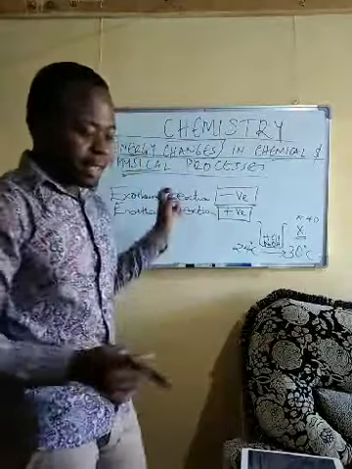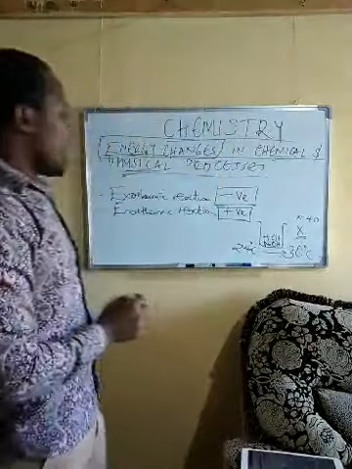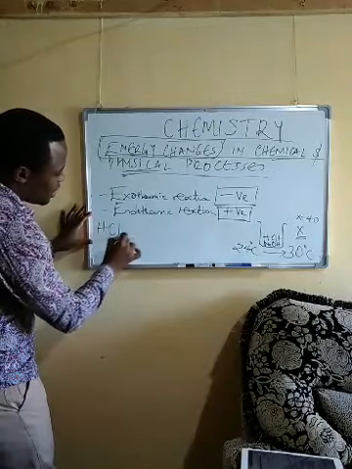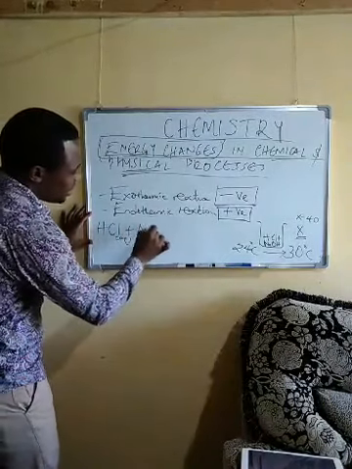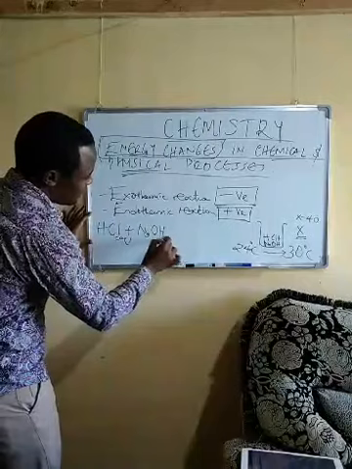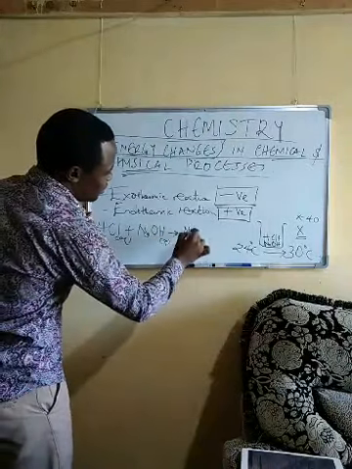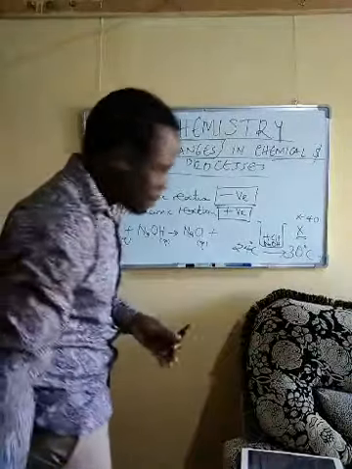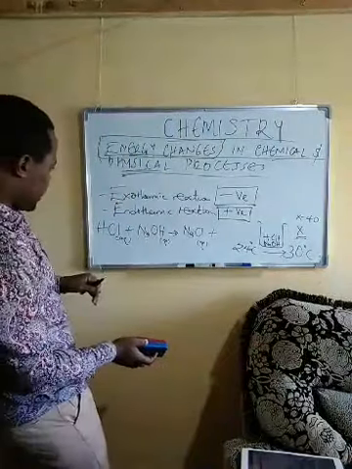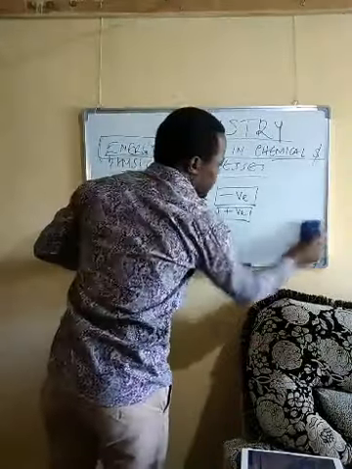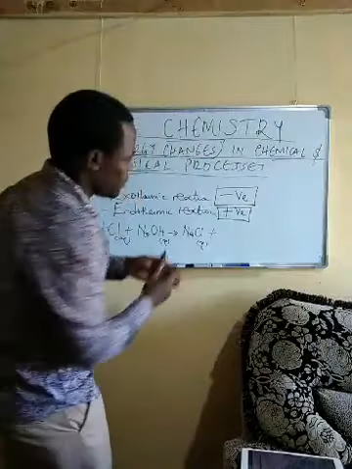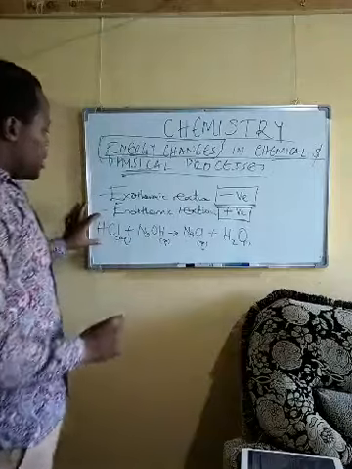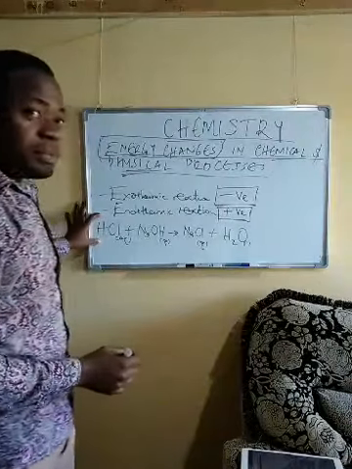Let me clarify this. We have HCl reacting with sodium hydroxide to give you sodium chloride plus water. This is a chemical equation.